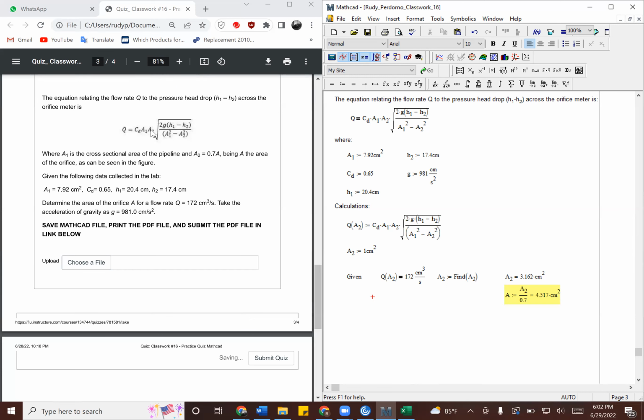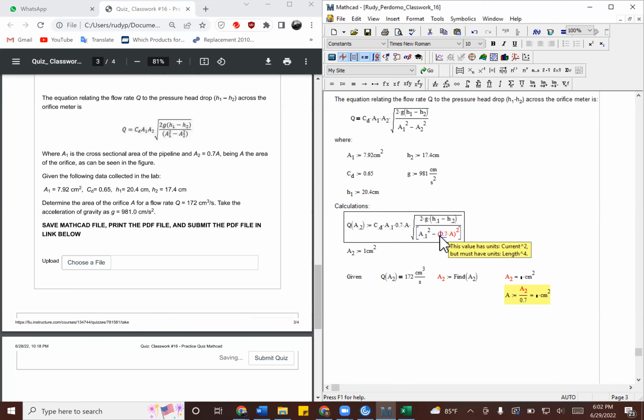So if you find A.2, you could just divide it by 0.7 and you should get A. Or you could do it how she did it, which is similar, but instead of writing A.2, you write 0.7A, right?